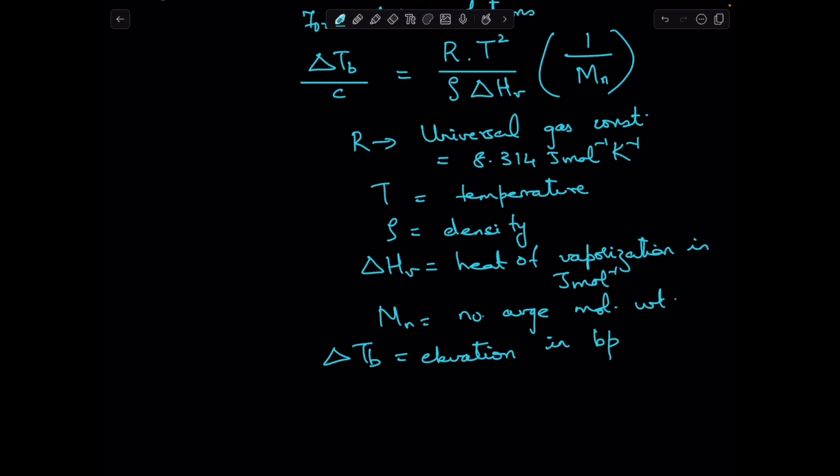So rearranging, we can get delta HB equals RT squared over rho times delta TB times C over Mn.